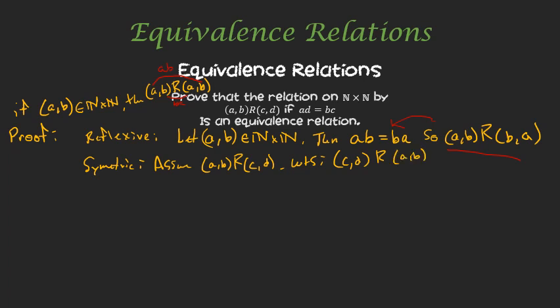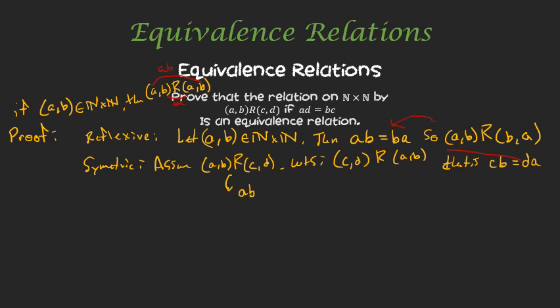So what does that mean for CD to be related to AB? Well, that would mean that I would need to show that the first coordinate of the first one times the second coordinate of the second one, CB, is equal to DA. Okay, but we're assuming AB is related to CD. So what does that give us?